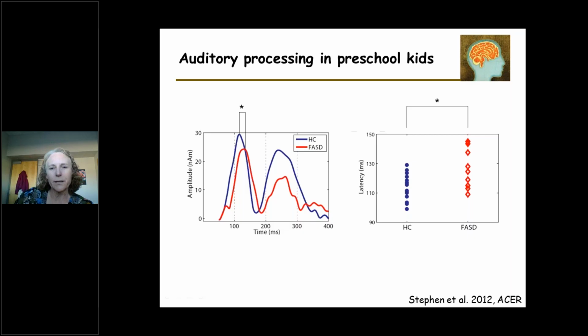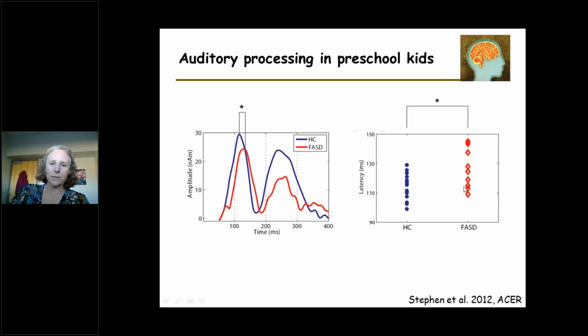What I'm showing on the right is the individual subject data. So this is important if I go back to the initial goal of trying to use neuroimaging in this population to try and identify early neurodevelopmental disorders. What this indicates is that there's quite a bit of overlap, even though at a group level there's a delay in the kids with FASD.